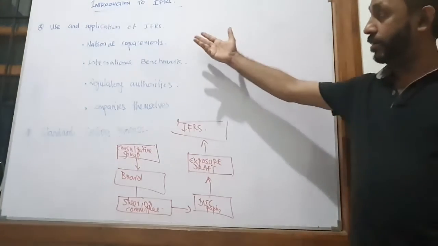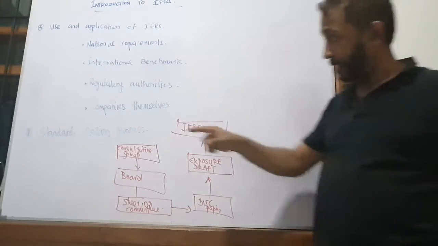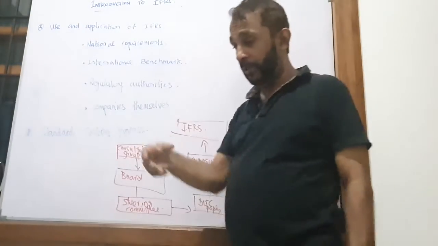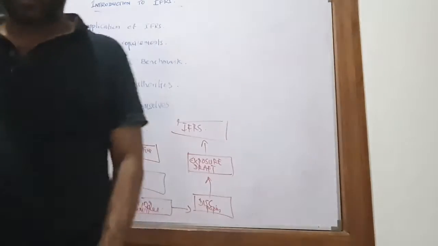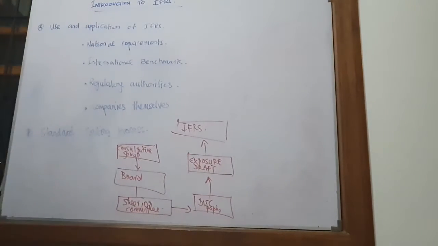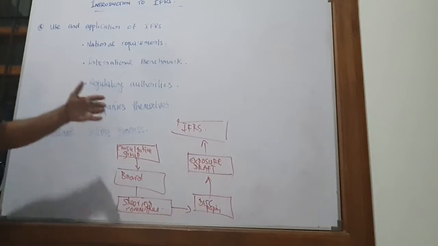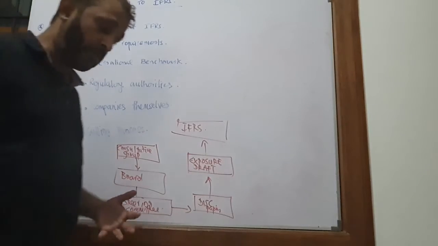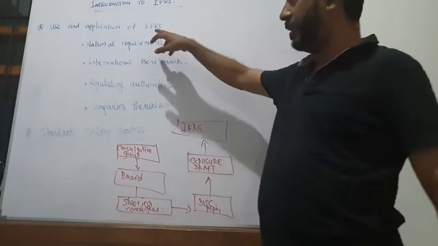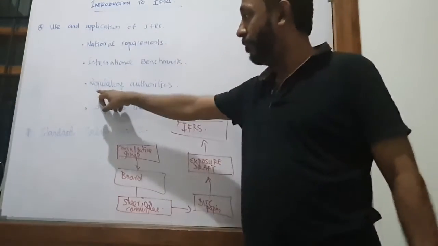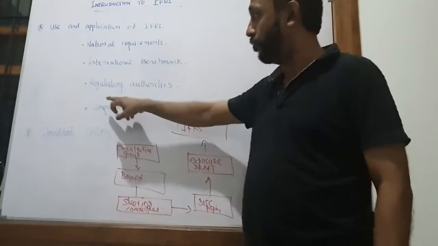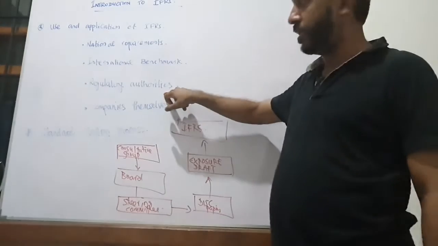for those countries. And then when we talk about limited liability companies or other financial institutions and organizations, when they prepare financial statements, those financial statements need to comply with certain standards. That standard is IFRS. So one of the applications would be a regulatory authority's requirement.